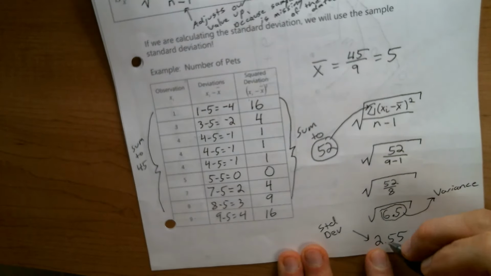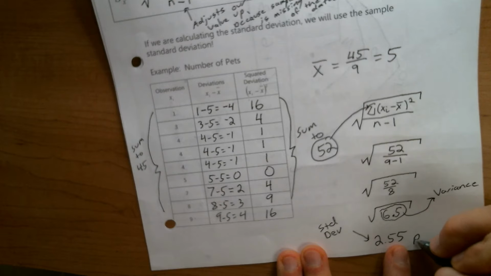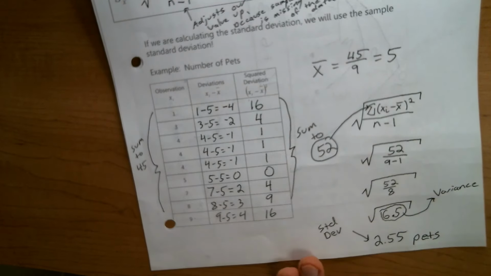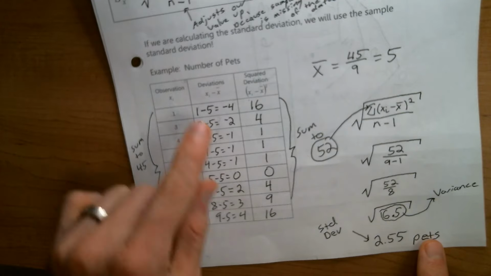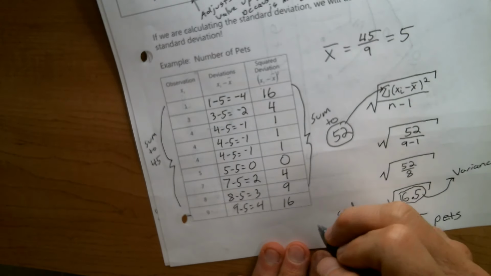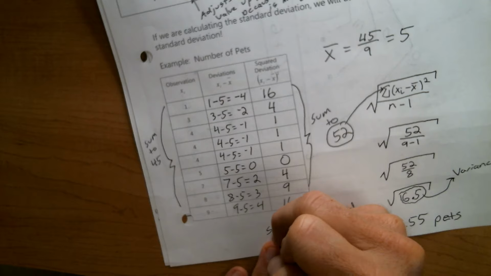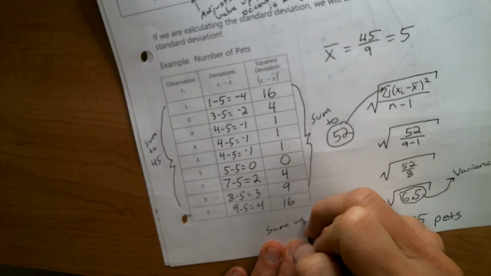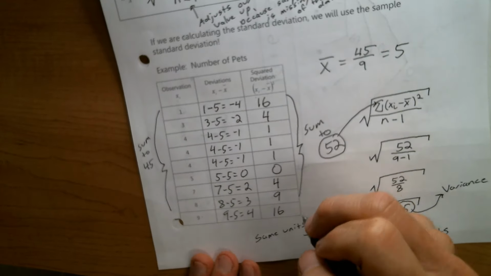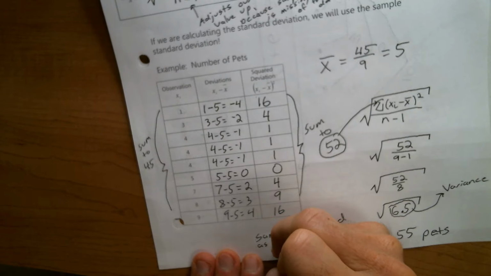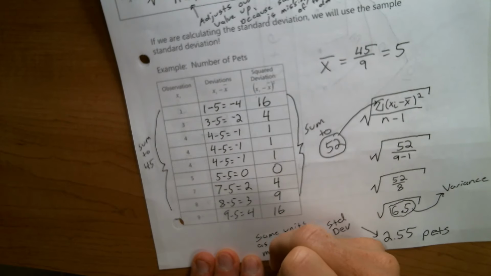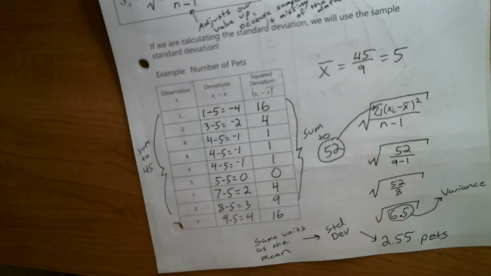Now, the units for this would be 2.55 pets. All right, so we were observing pets. Standard deviation always has the same units as the mean. All right, so the mean was the average number of pets.